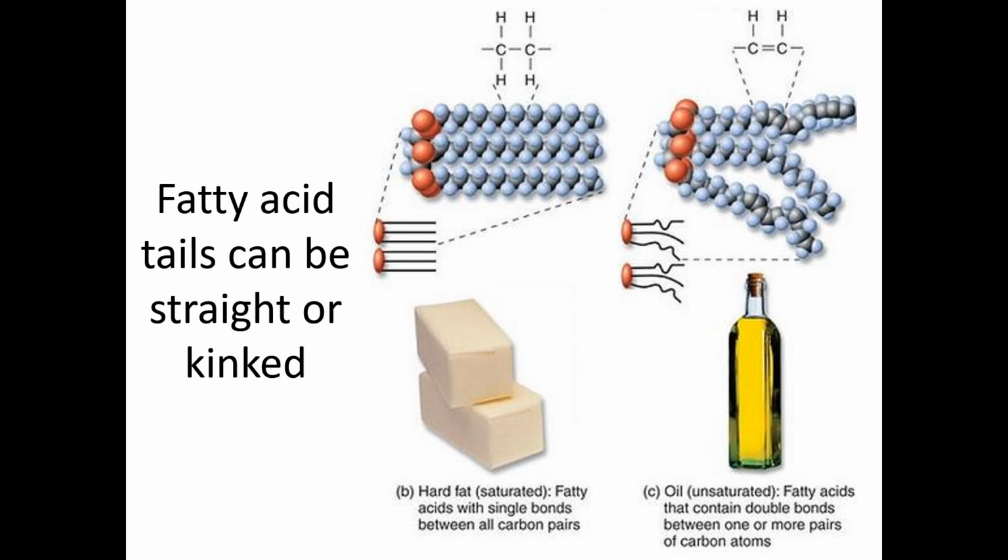So there's some important properties here about these fatty acid tails. That's going to determine the type of fat and also make it easy to determine which fat is related to healthy fats versus bad fats. So these fatty acid tails can be straight, let's see over here in this picture on the left, these straight tails, or they can be kinked or crooked.